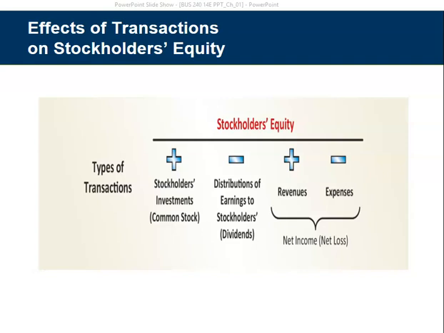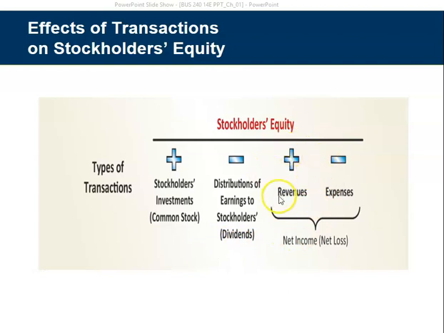It says effects of transactions on stockholders' equity here, and this is a really nice little summary. When an owner invests in the company, stockholders' equity goes up. When an owner takes back some of that money, equity goes down, because they've removed part of their equity from the company when they get distributions, otherwise known as dividends.